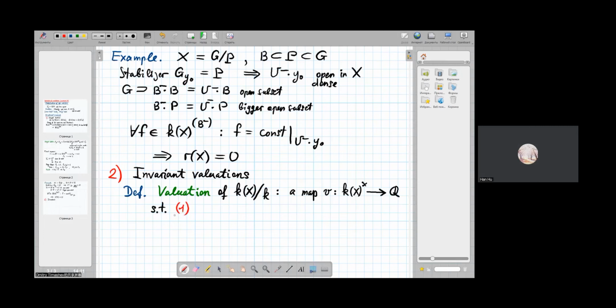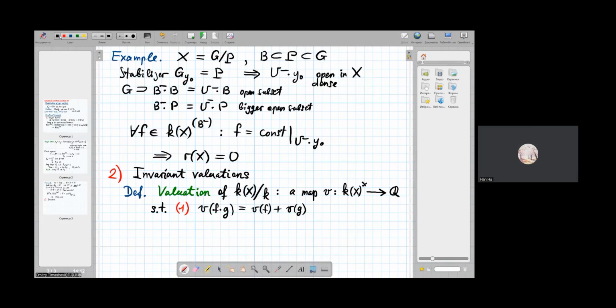First, this map is a group homomorphism, that is v of the product f times g is the sum v of f plus v of g. So the map v is a homomorphism from the multiplicative group of non-zero rational functions to the additive group of rational numbers.